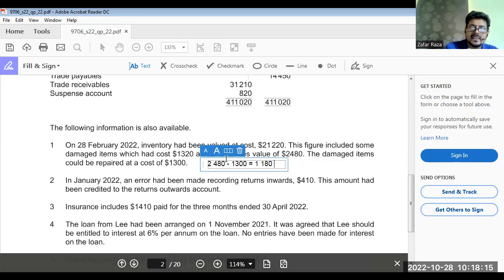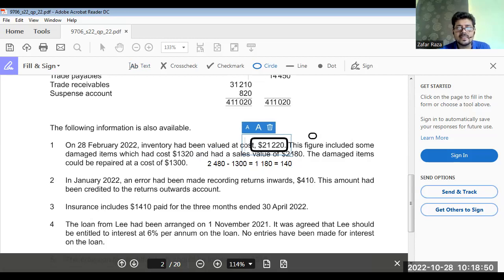Now this is NRV. After deducting the repair cost from the sales value, we get the NRV, and NRV is 1,180, but they have added it as 1,320. 1,320 minus 1,180 means 140 is the value we have to decline from this total inventory. Are you getting my point here? So from this inventory amount, we have to decrease 140.